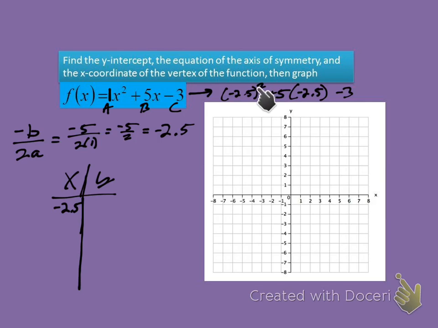Negative 2.5 in parentheses, square it, plus 5 times negative 2.5, and then minus 3, which gives you negative 9.25? Is that right? What did you get? I got negative 9.25. Retry it, yeah.